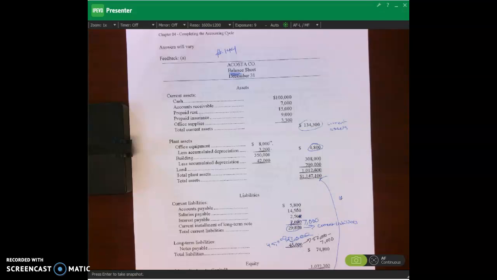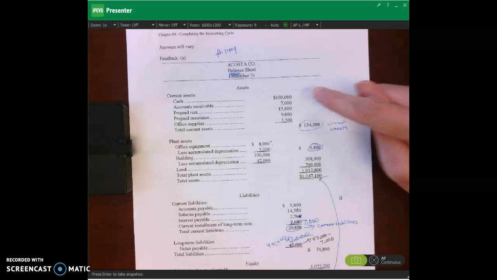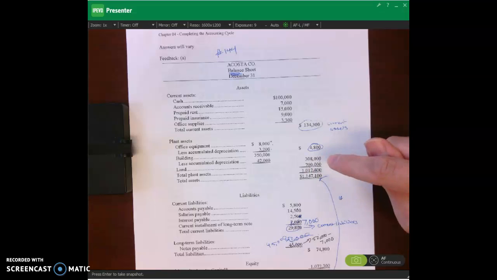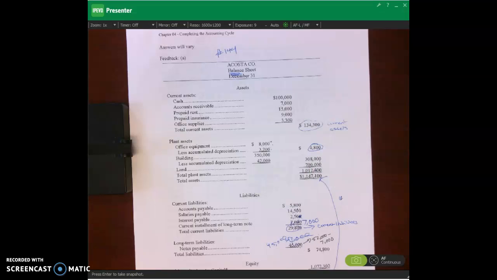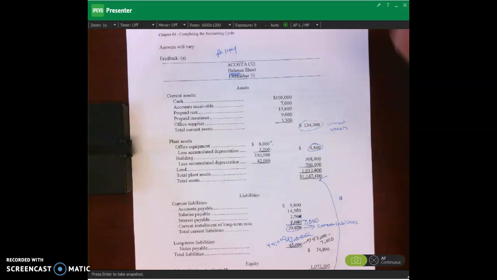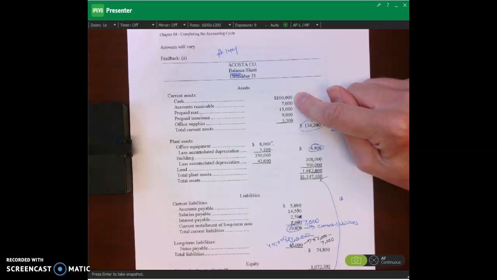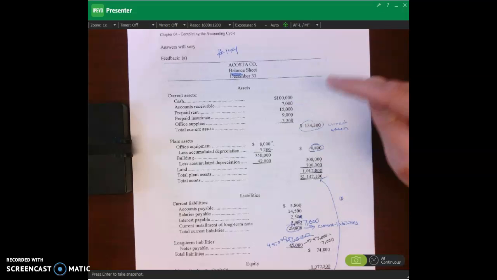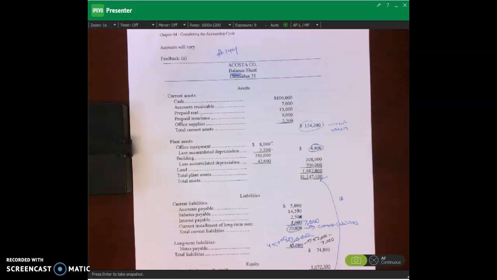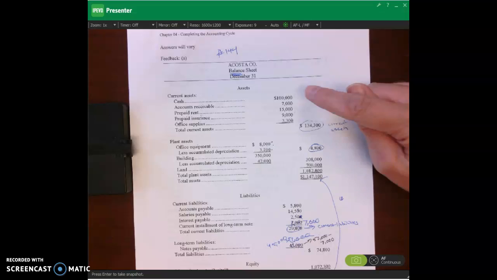So what this company may want to think about is taking some of their excess cash and using it to expand operations to earn a higher rate of return, because you don't earn a very big return on cash just sitting in the bank account.